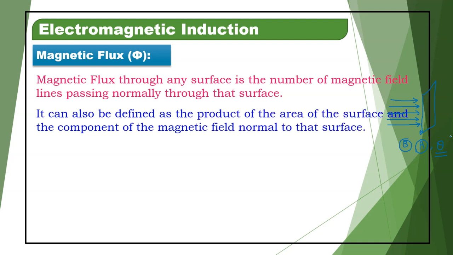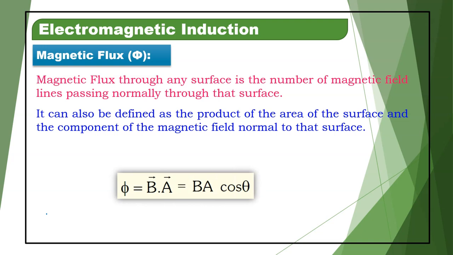We can also define it as the product of the area of the surface and the component of magnetic field normal to that surface. So the component normal to that surface will be cos theta. That means phi is equal to vector B dot vector A, which is equal to BA cos theta.